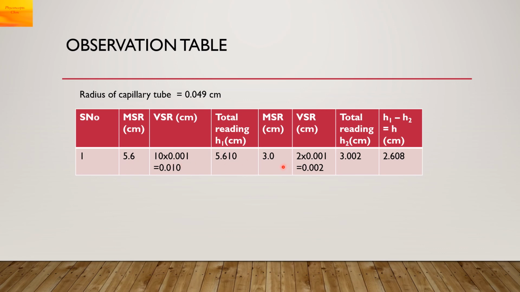Same thing is done for the pointer. This is the reading for the meniscus. Same thing we will do for the pointer also. We will take the main scale reading and the vernier scale reading and we will add both of them and we get H2. We will take the difference of these two, H1 minus H2, we will get h, the height.